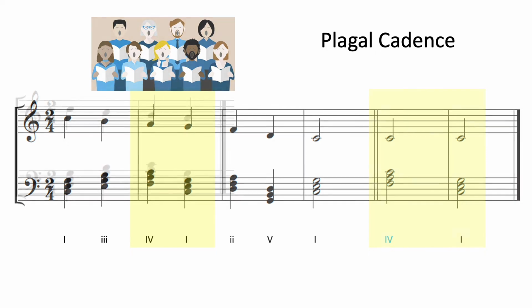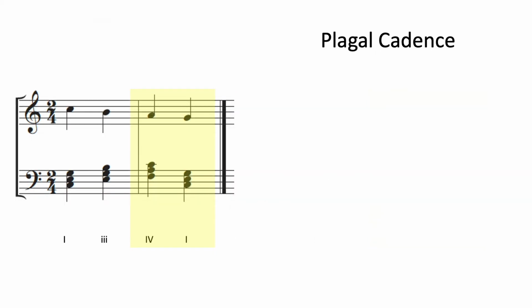Now, because we have this Plagal cadence at the very end, we can shorten the chord progression if we really wanted to and just stick with the first 2 measures. So it would sound like this. Let's go ahead and pop this up a little bit.